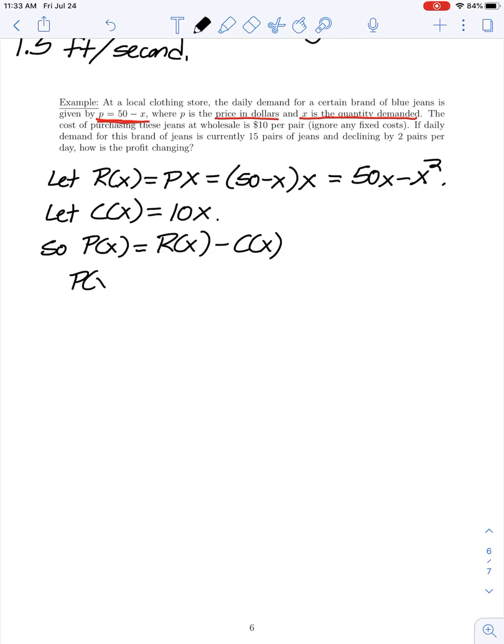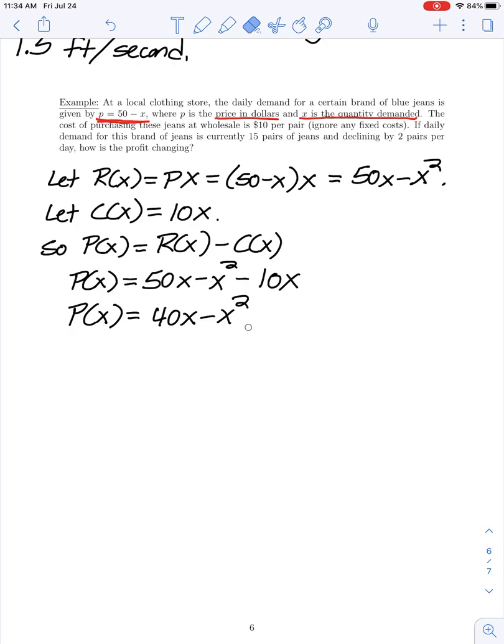So let's see what we have. P of X is the revenue, which we found to be 50X minus X squared, minus cost, which was 10X. So simplifying, P of X is 40X minus X squared.